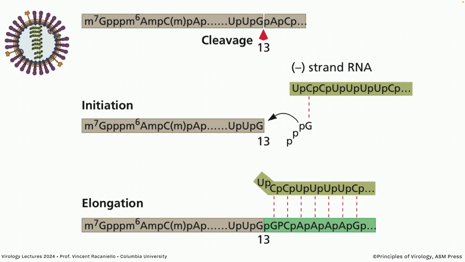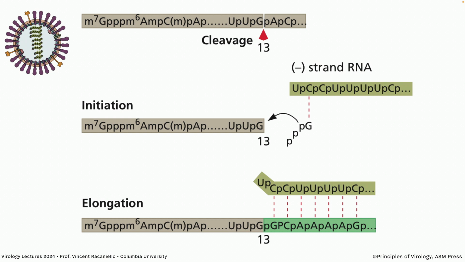The priming event that I talked to you about is initiated by this endonuclease. So here's the negative strand RNA of the virus. Those are the last bases. And the endonuclease of the virus takes a cellular message, which has a cap on the 5' end, and then a number of bases, and cleaves it about 13 bases from the end.